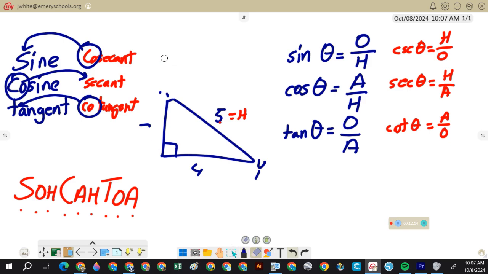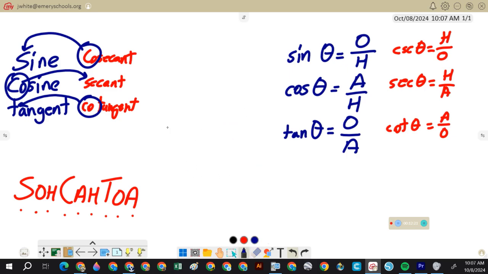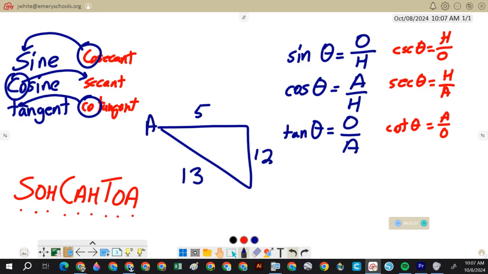Okay, so let's change this a little. So we draw a new triangle, 5, 12, and 13. Let's call this A, and let's call this B. What is the cosine of B?